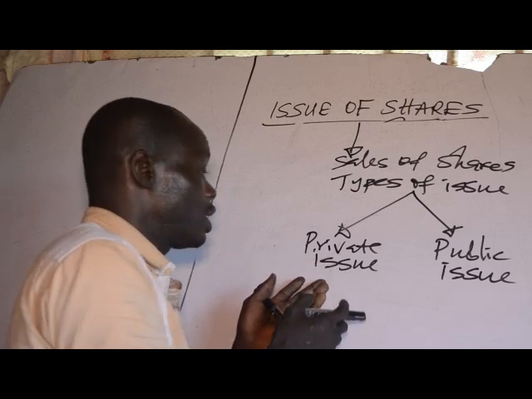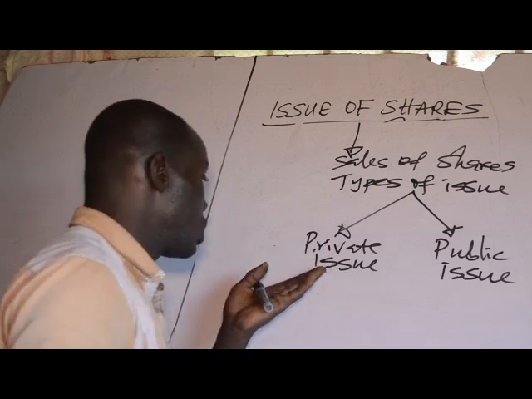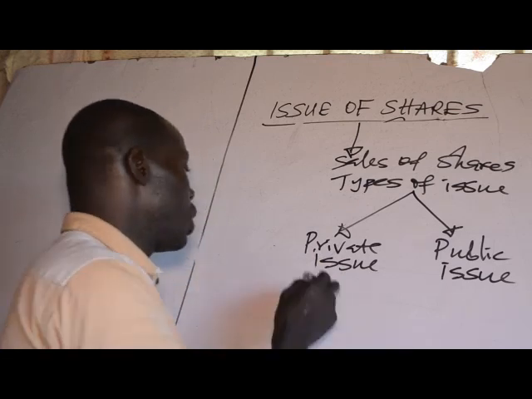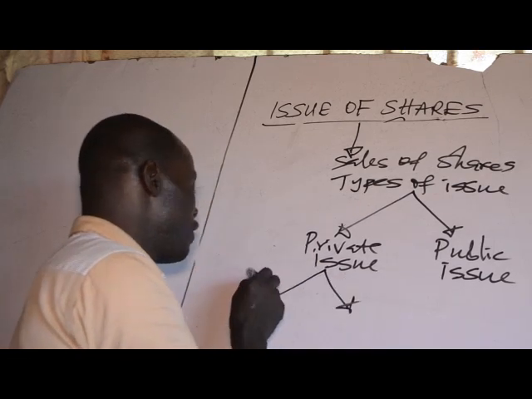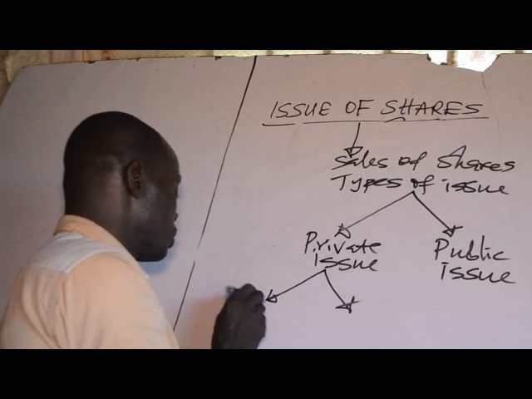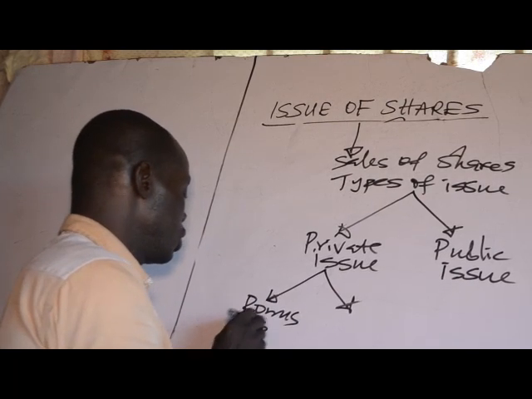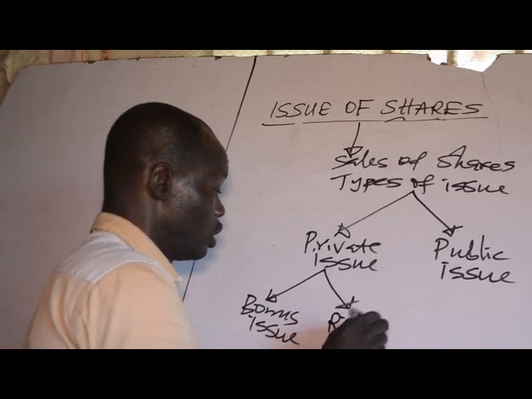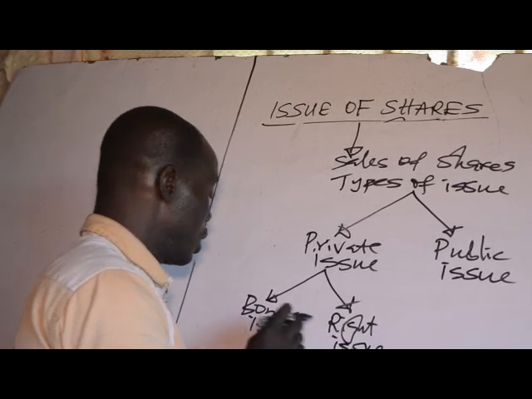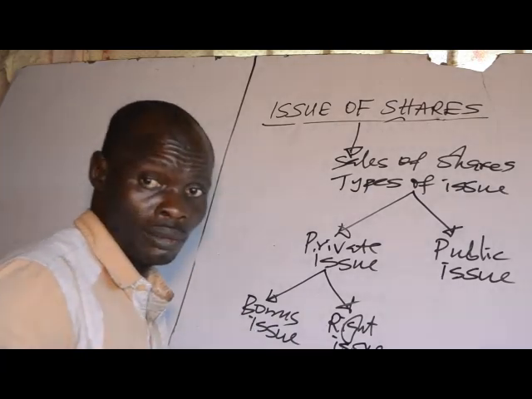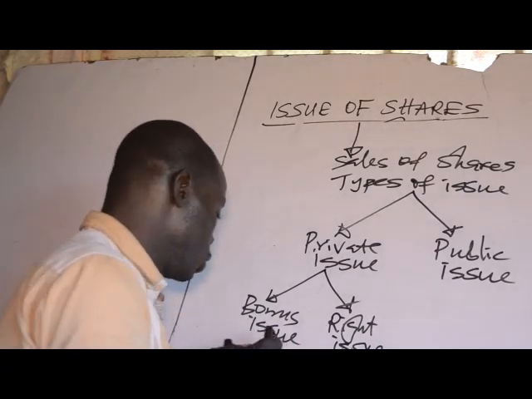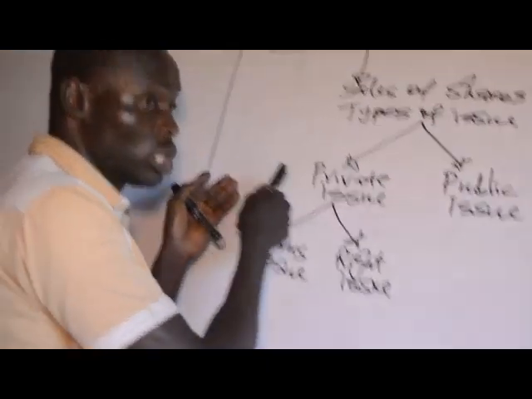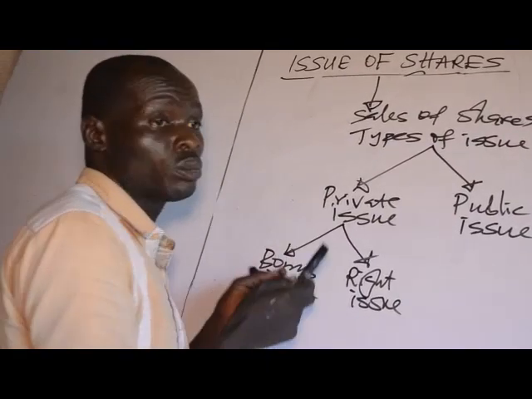Under the private issue, you may have the bonus issue. You may also have the right issue. A bonus issue can also be called a capitalization issue or scrip issue, when the company capitalizes part of its reserves as additional shares.